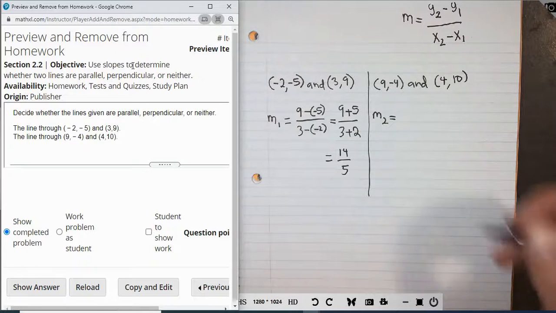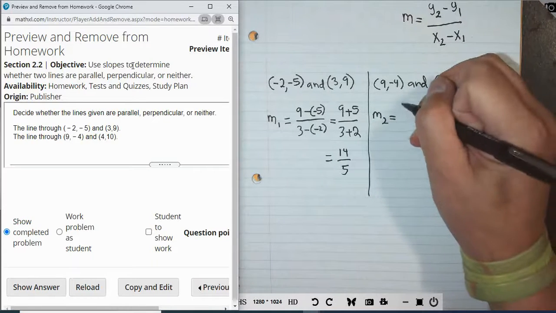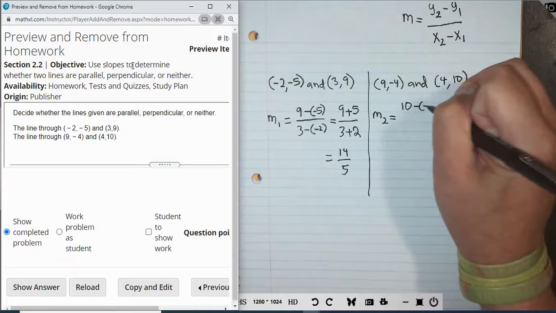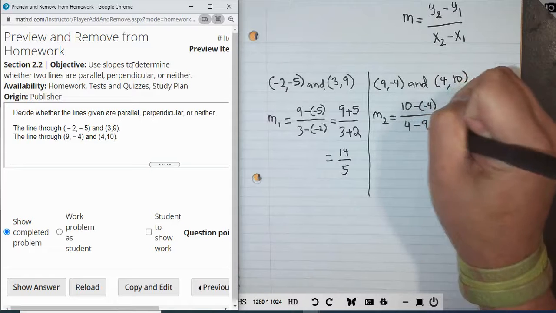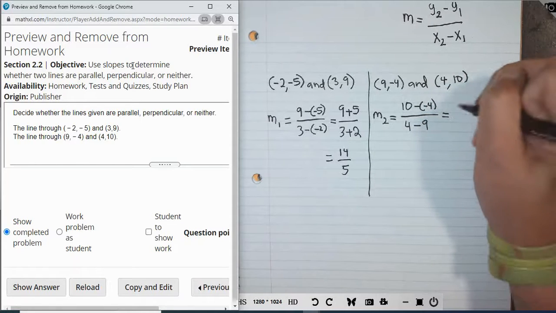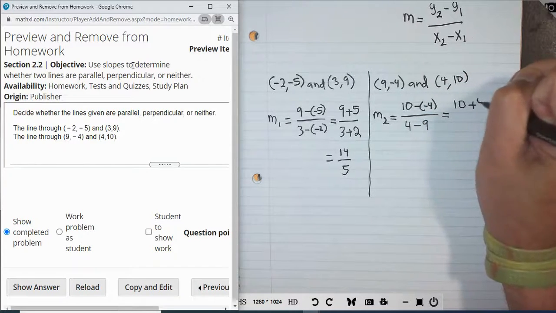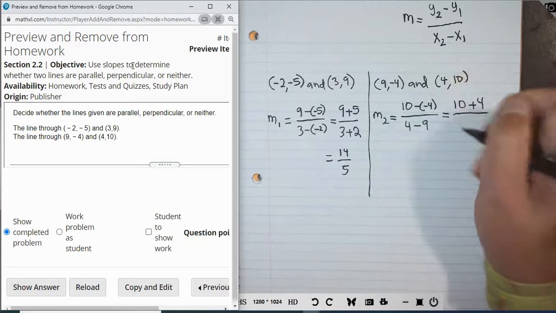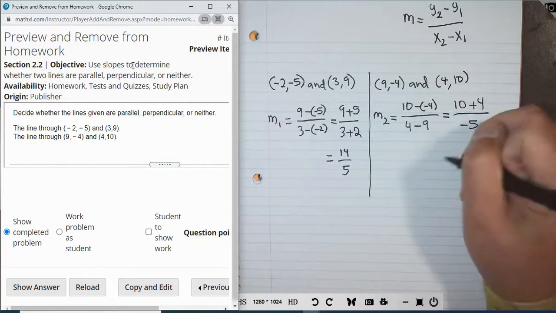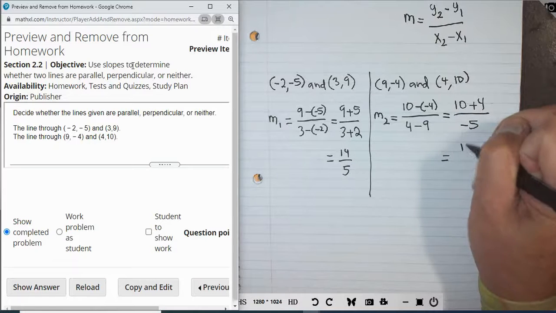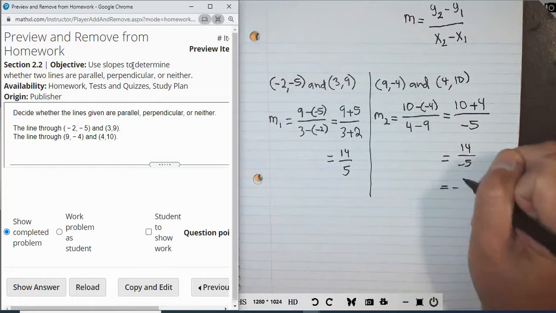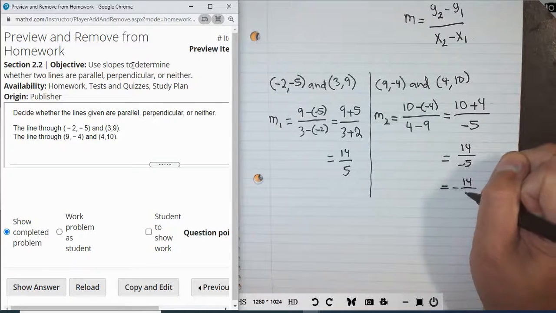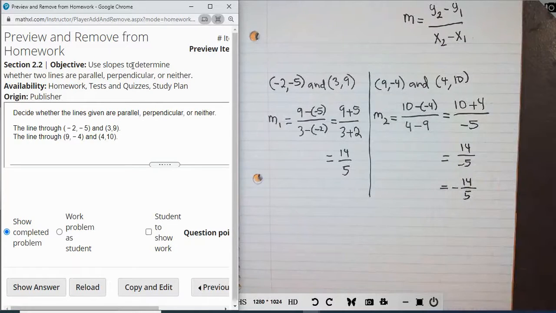That would be 10 minus negative 4 over 4 minus 9, which is 10 plus 4 over 4 minus 9, which is negative 5. So what we have here is 14 over negative 5, which can be thought of in the same way as negative 14 fifths. All right, so they gave us a good one here.